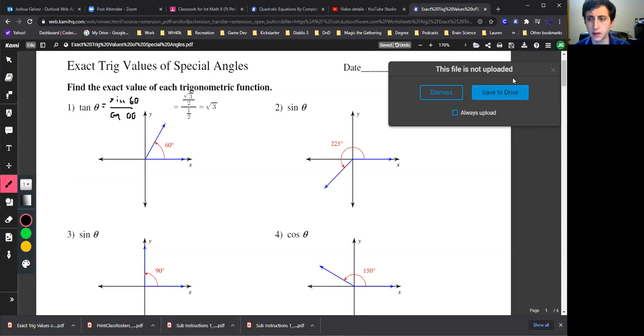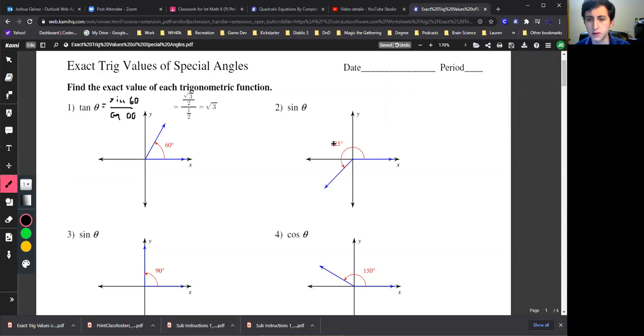We have the sine of 225 degrees. So 225 degrees is 180 plus 45. So this is 45 degrees right here, which means that the sine of this would be the same as the sine of 45 degrees, except it's negative because it's pointing down.